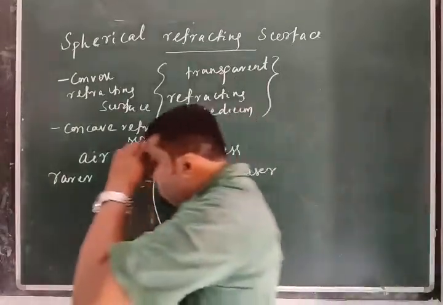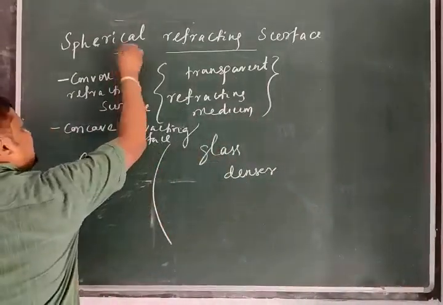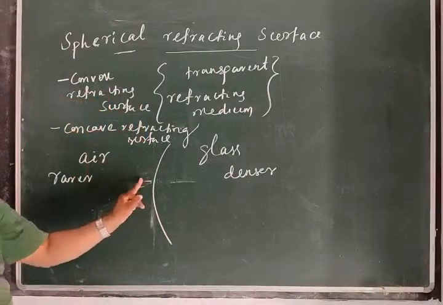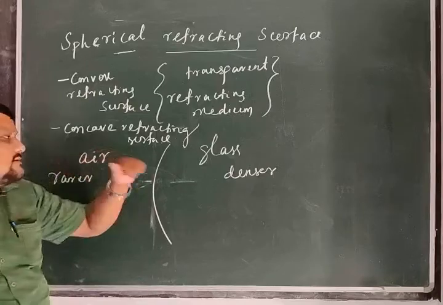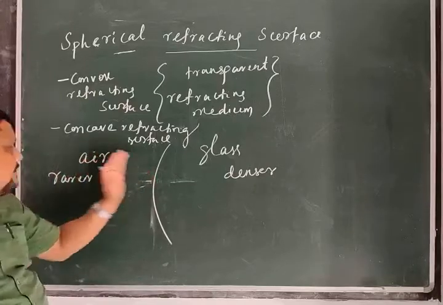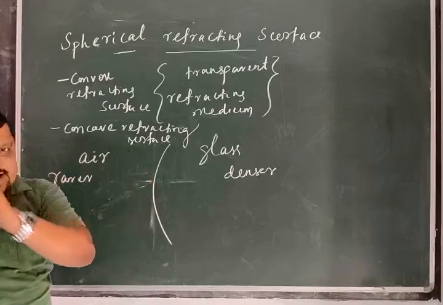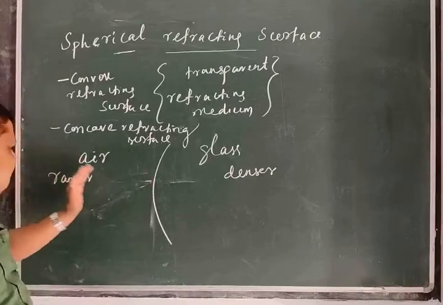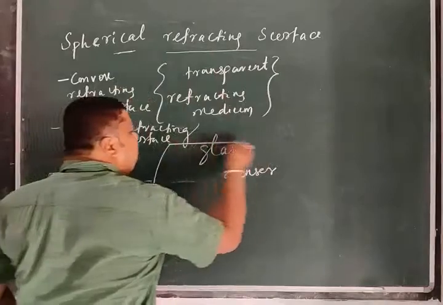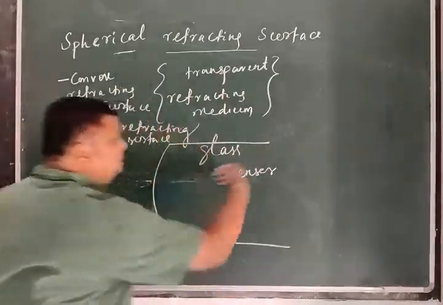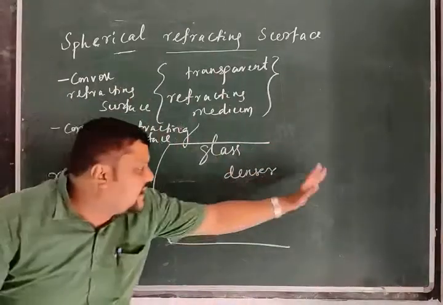But always remember, when you deal with a spherical refracting surface, whether it is convex or concave depends on the rarer side. So this is the air medium, and the whole medium is the denser, continuing like that. This is your glass or the denser medium.